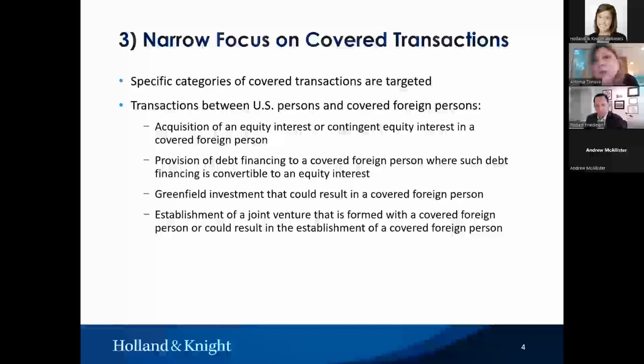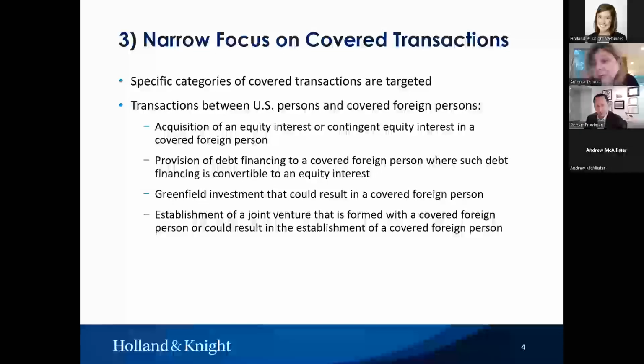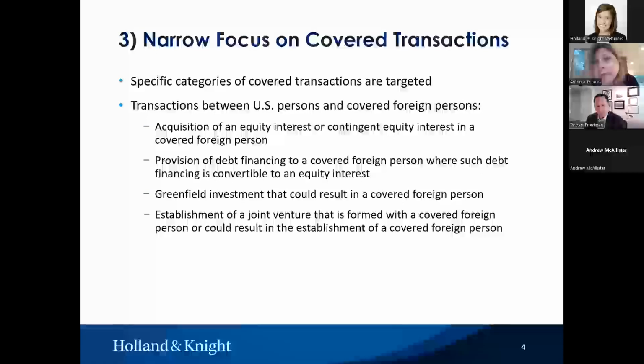We don't know what office at Treasury will be taking over this particular program, but the fact that we have prohibited transactions and notifiable transactions, the fact that it applies to U.S. persons generally, and the fact that there is an element of self-monitoring, self-regulation, are elements that make it very alike to an OFAC program.